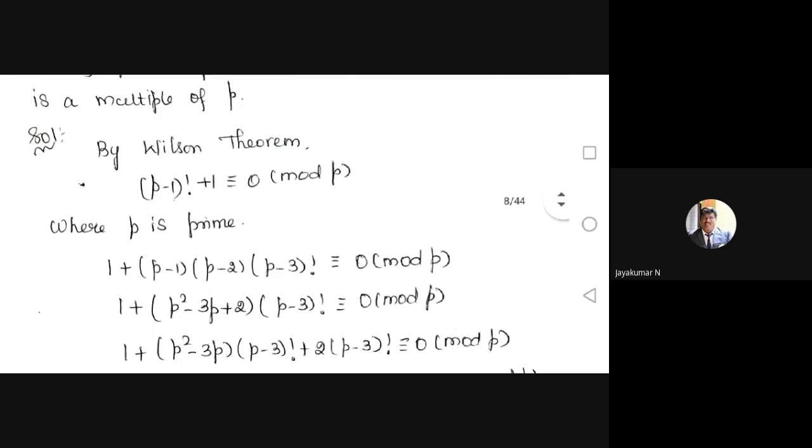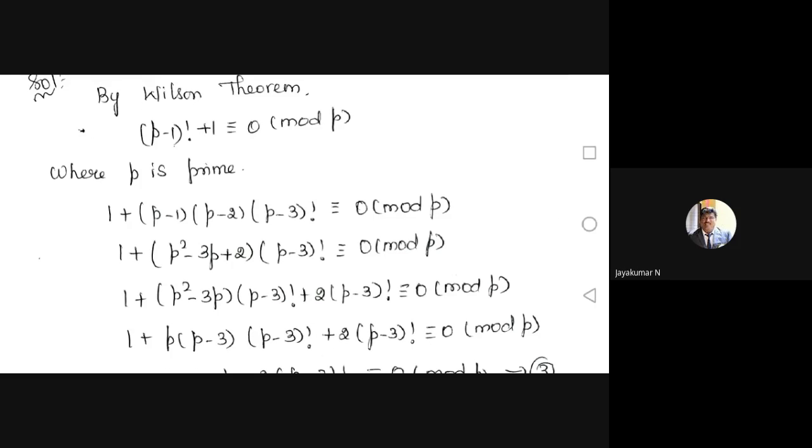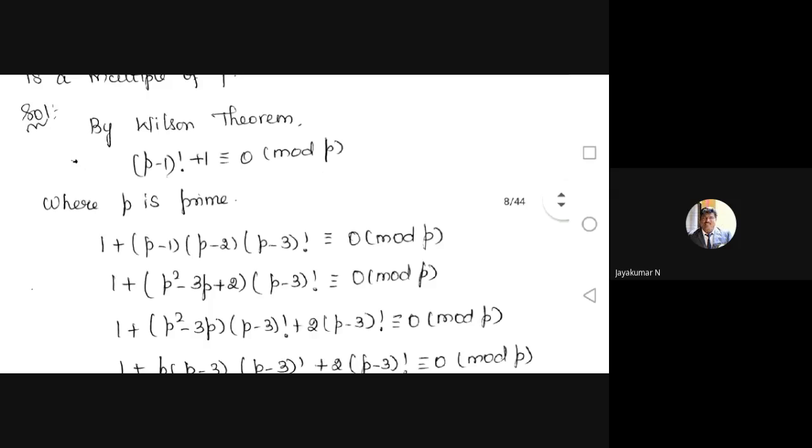Now, the product of (p minus 1) into (p minus 2) is p square minus 3p plus 2. So it is into (p minus 3) factorial is congruent to 0 mod p.